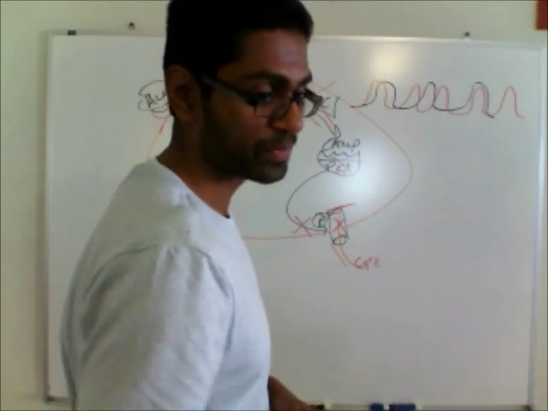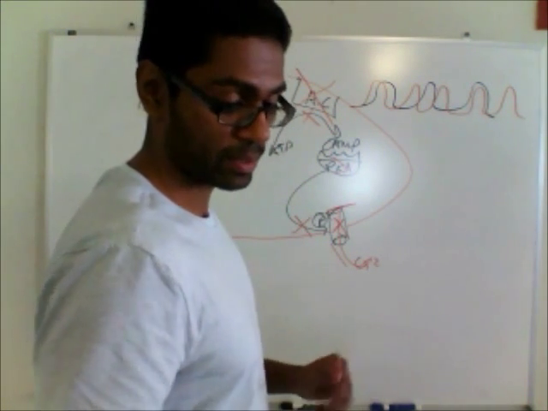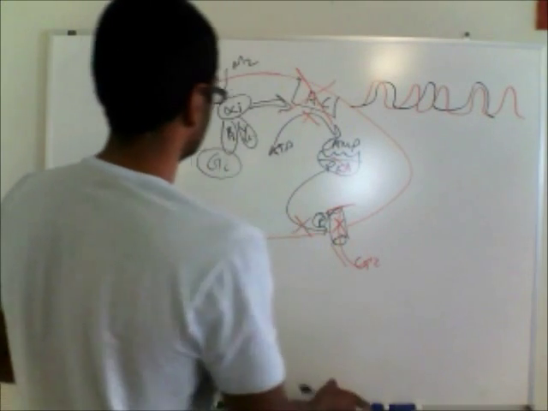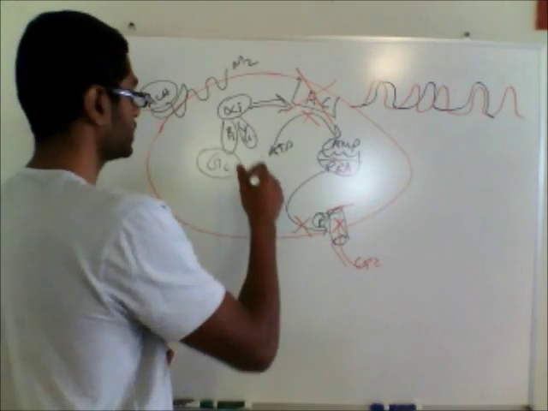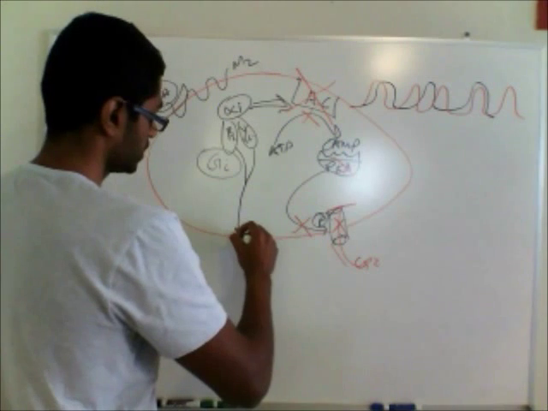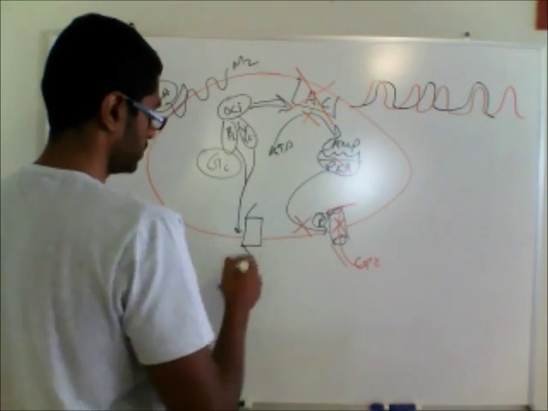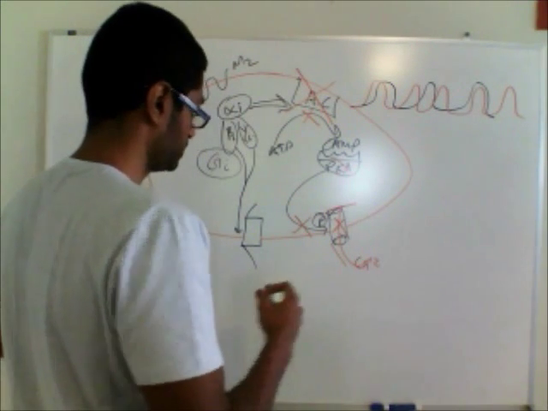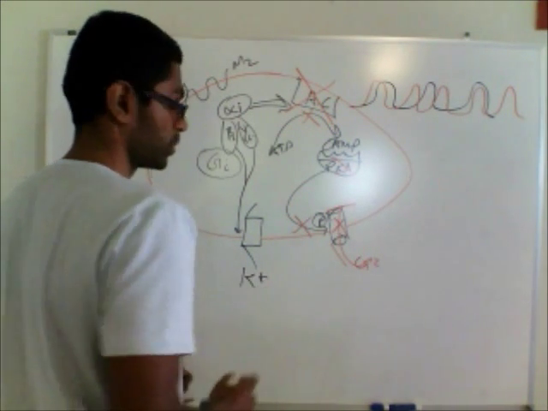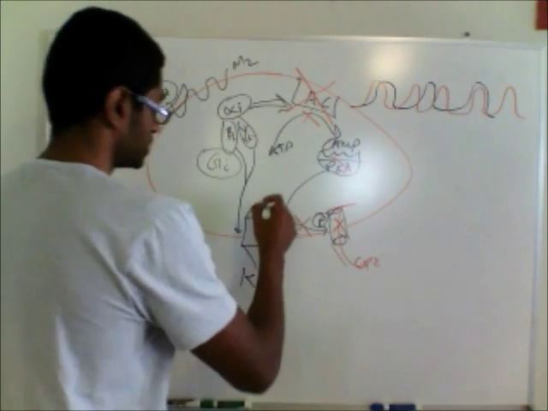Now not only does it do that, but these two right here, the beta-gamma, help open potassium channels. What happens to potassium? The cell takes it out.